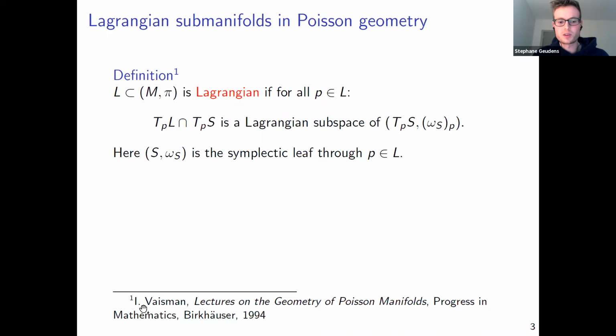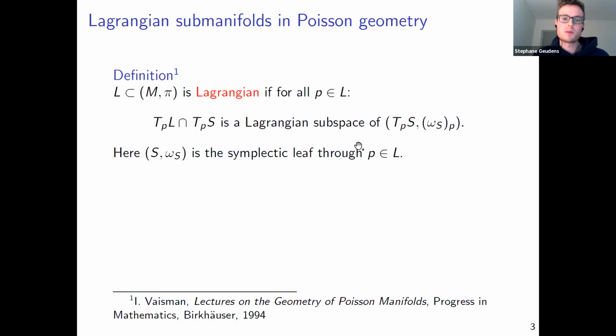I will use the one that appears in the book by Weinstein, and we call a submanifold L in a Poisson manifold Lagrangian if for each point of L the intersection of TL with the tangent space to the symplectic leaf is a Lagrangian subspace of the symplectic vector space, the tangent space to the leaf with the symplectic form at that point.